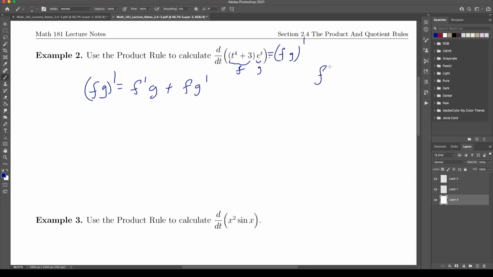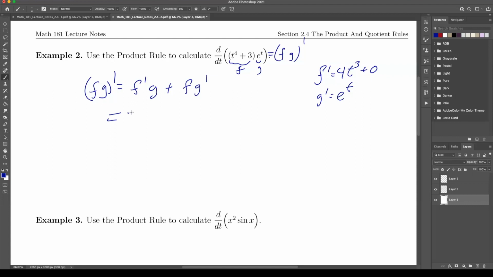So let's find what f prime is first. Well, f prime is, if I take the derivative of this, the 4 hops down and I have t to the third power, and then plus a constant, which is plus 0. g prime is just equal to e to the t, because that doesn't change. And so let's go ahead and plug it in here.